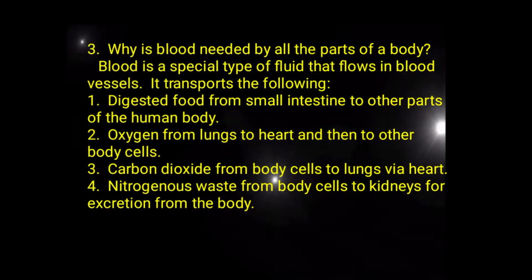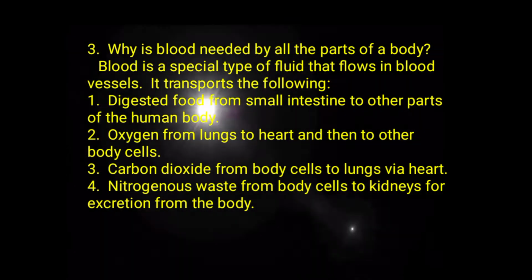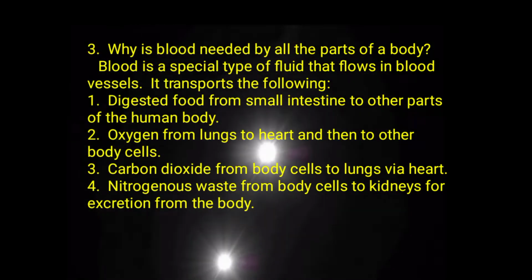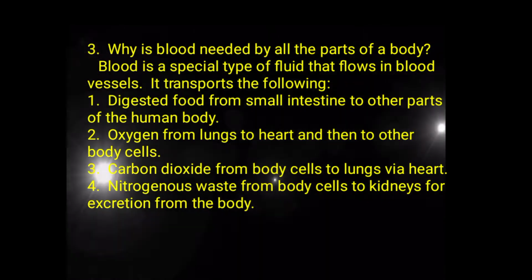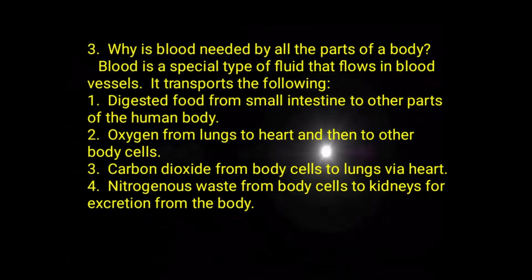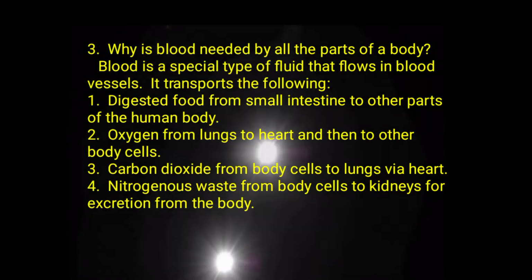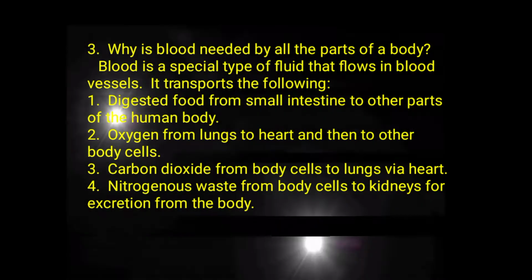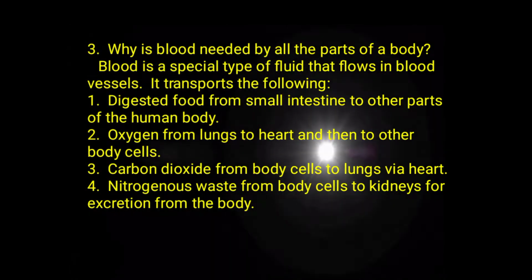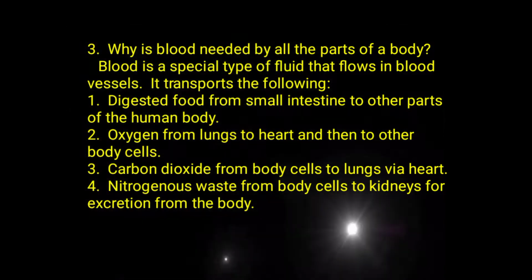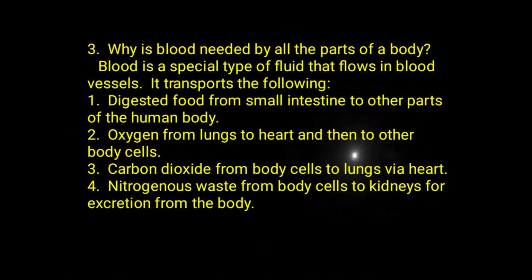The answer is: blood is a special type of fluid that flows in blood vessels, and it transports the following. They are supporting the answer that blood is a fluid substance which can flow, and it flows in blood vessels. So what are blood vessels? Blood vessels are arteries and veins, right?